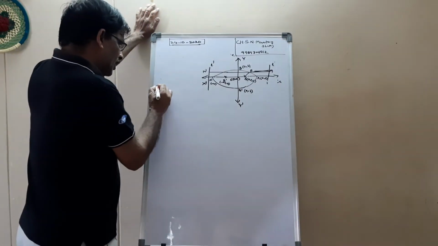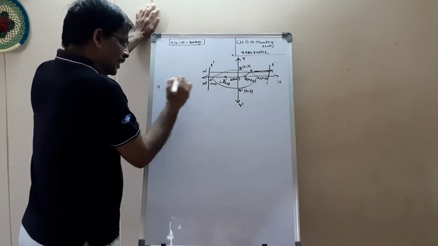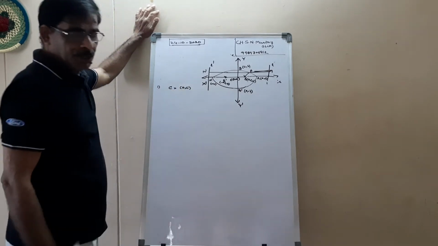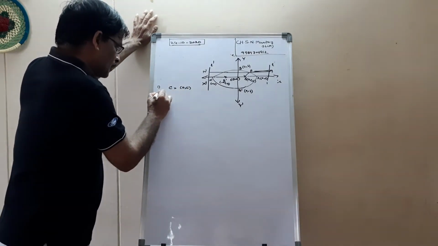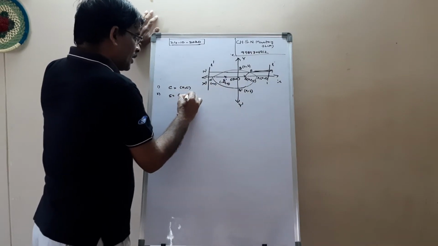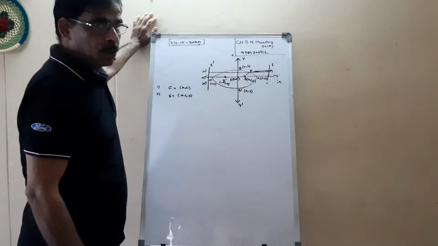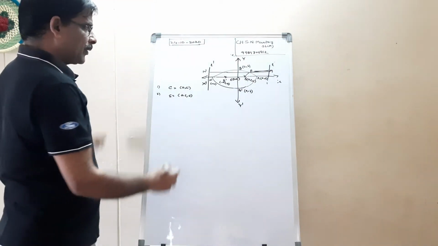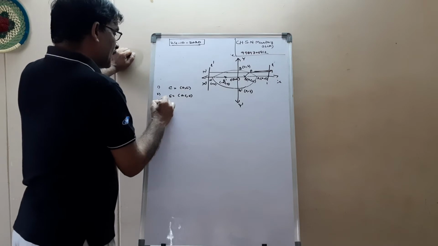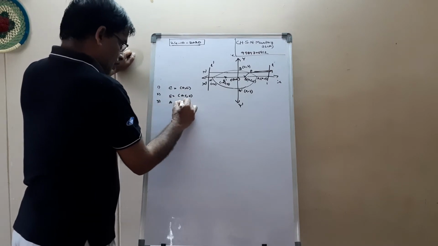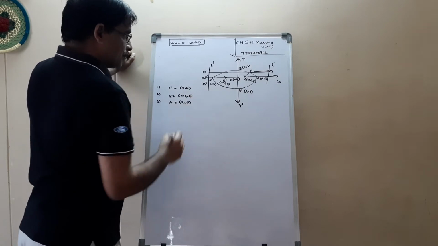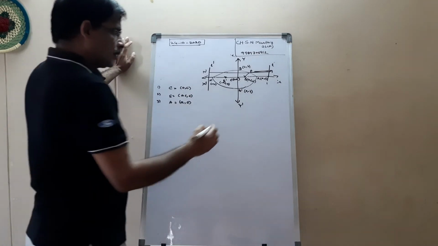You write all here. First write the center equal to 0, 0. Next, S equal to AE comma 0, the focus. Next, A equal to A comma 0.